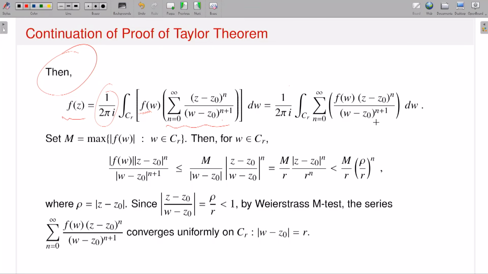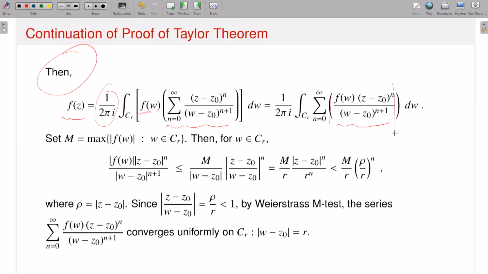Then I want to interchange summation and integration. So I have to check whether this power series converges uniformly if w runs over C_R. That is the only fact I have to check. To do that, I will use the Weierstrass M-test. That means I take the absolute value and say that this is dominated by some constant times r to the power n, and the sum of r to the power n is convergent, and therefore uniform convergence holds.